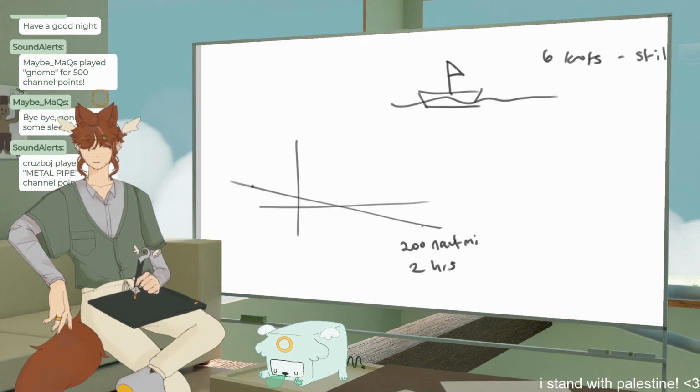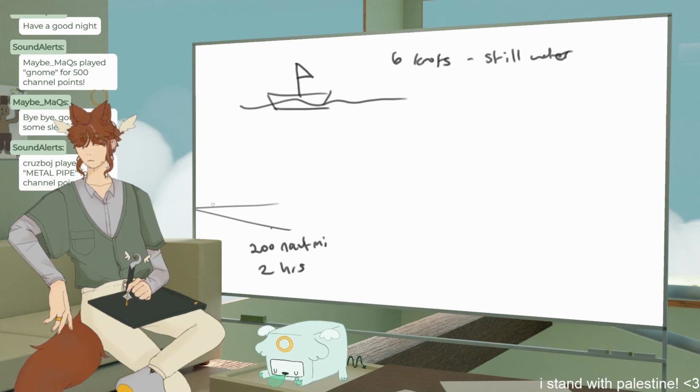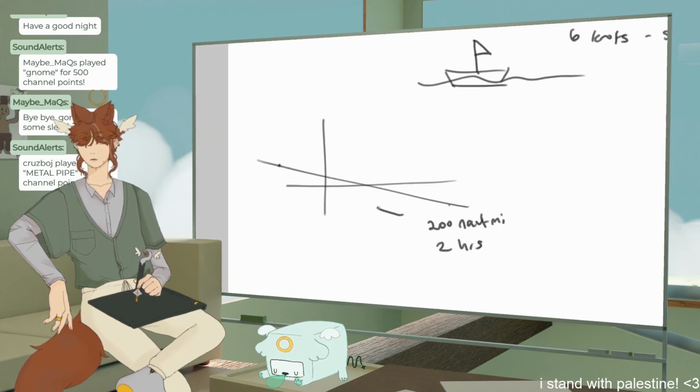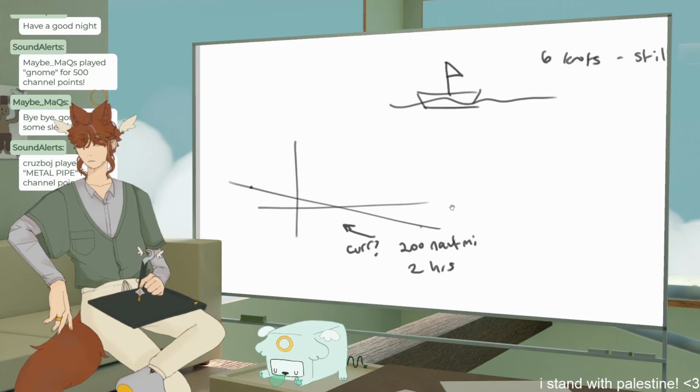Whatever. And you're supposed to do it as vectors. So you're supposed to say, this is the boat with a current going against it. So you're trying to find the speed of the water pushing against the boat. Current equals what?